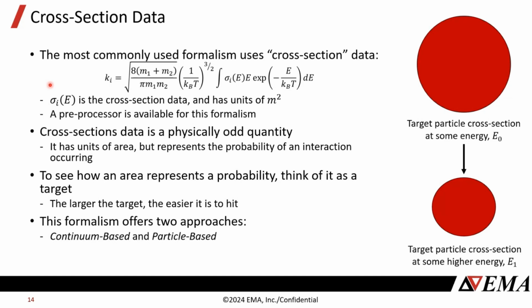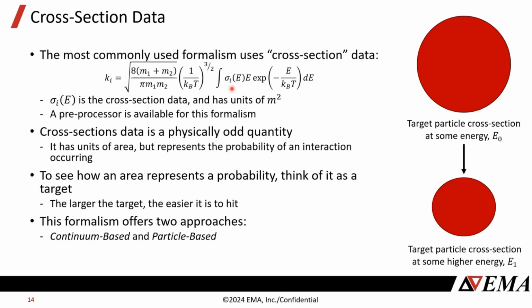And within this formalism, we offer two different approaches, continuum-based and particle-based. Particle-based would be the most accurate, but it's also more expensive than continuum-based. When it comes to computing this reaction rate coefficient, we need to know some information about the incident species, such as its temperature. And that's really where the difference between these two approaches comes in.